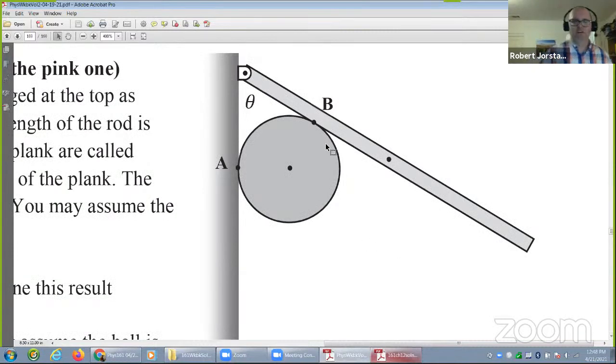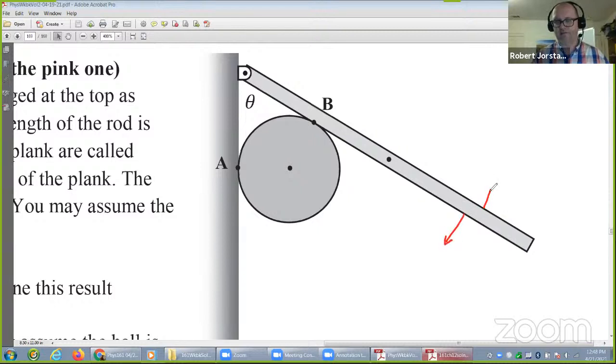One of the things that's tricky about these circular objects, and once you get used to this it's not too bad: the normal force points perpendicular to the surface. With this plank, for example, it would exert normal forces either that way or this way, perpendicular to the surface. However, here it's not so obvious.